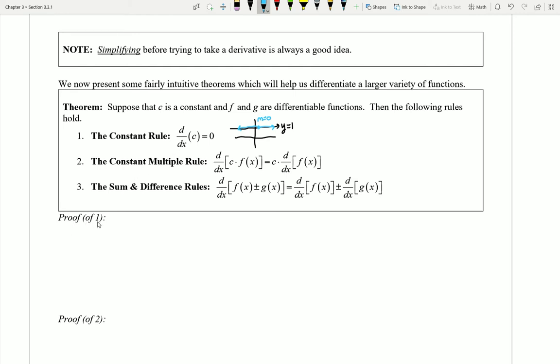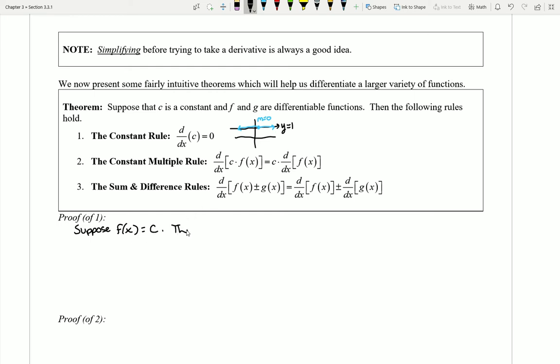So for the proof of number 1 here, I'm going to see that I'm starting with a function like y equals some constant. So I'll start here by saying, suppose that f of x, the function I'm working with, is just a constant. Could be any constant c.